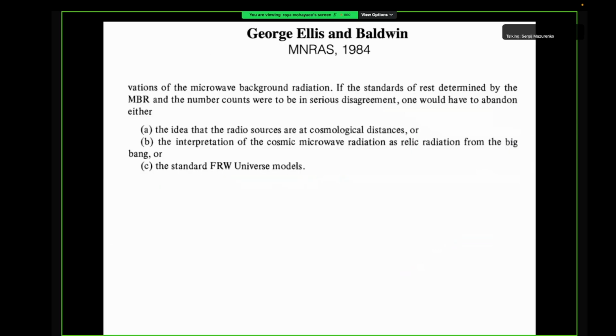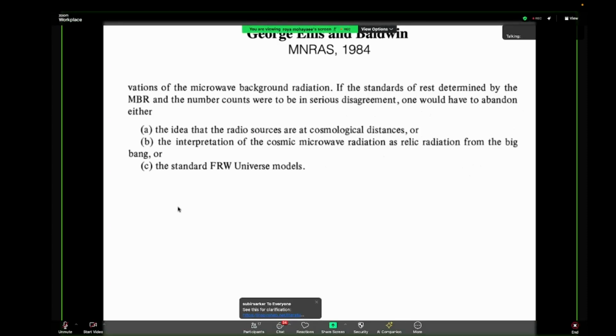Right. So essentially, from the work that you have done and the observations that you've interpreted, there are these three things, one of which you can discard. And you argued that the first two you wouldn't discard, but you would go to the standard FRW universe models and reevaluate that. Now, there has been a recent paper. It came out a few weeks ago, so I don't know if you have seen it, but it has to do essentially with the CMB and the earliest observed massive galaxies in the universe.